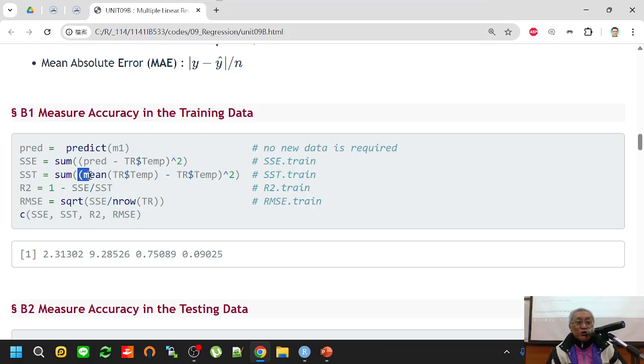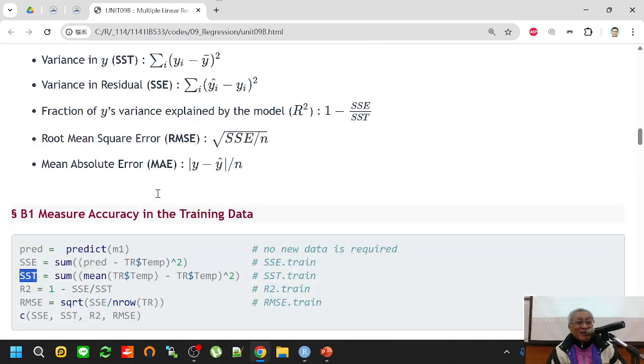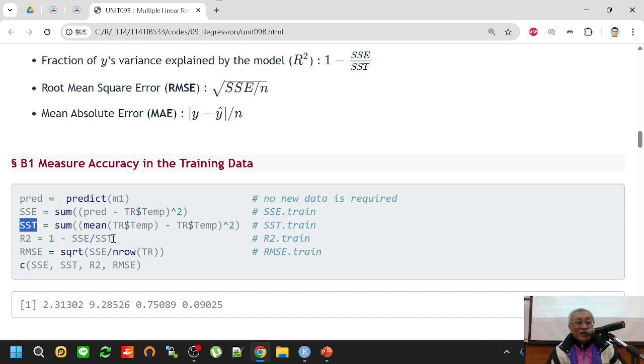Again, it needs to be squared and then summed. This is the variance of Y itself. Using this equation, we can estimate R squared, and then we can estimate the RMSE. If you want, you can also estimate MAE.